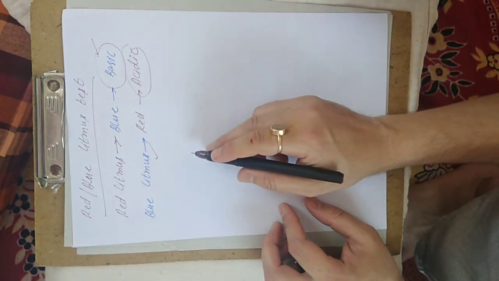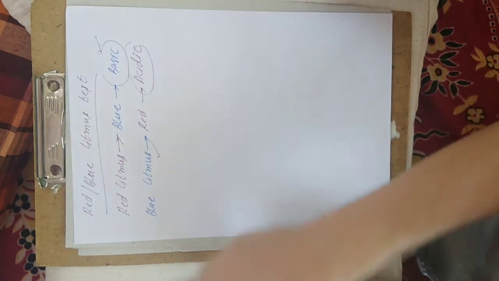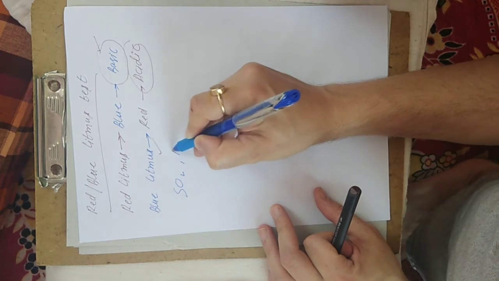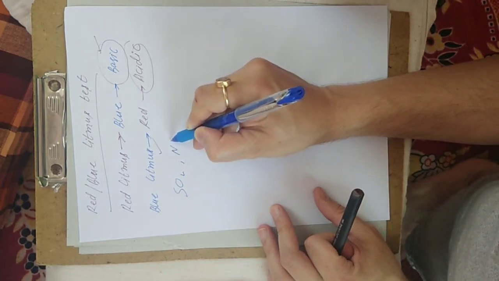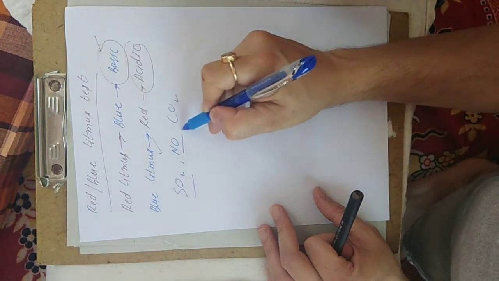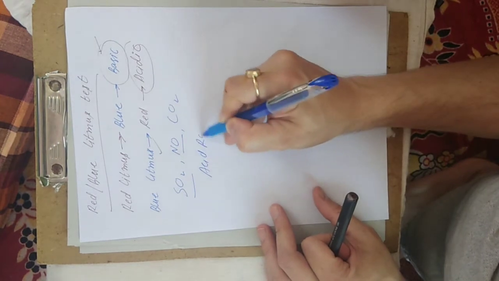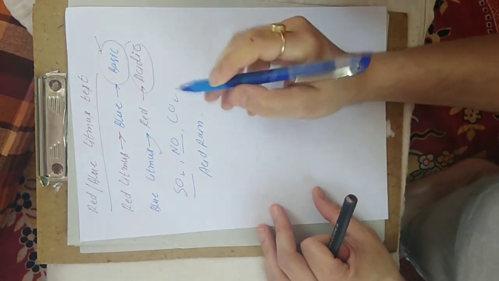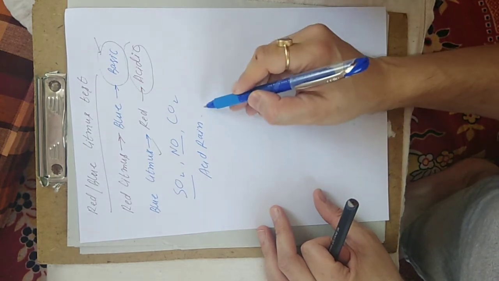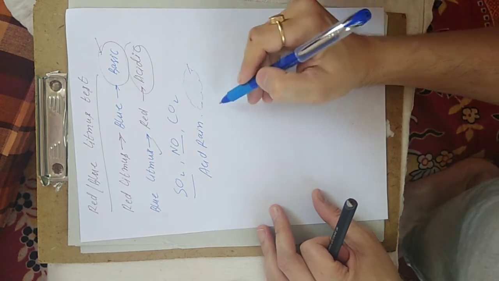And one more thing before starting the video, it's very important to understand that non-metal oxides such as sulfur dioxide, nitrogen oxide or carbon dioxide are all responsible for acid rain. They dissolve in water in the clouds and form acidic solution.